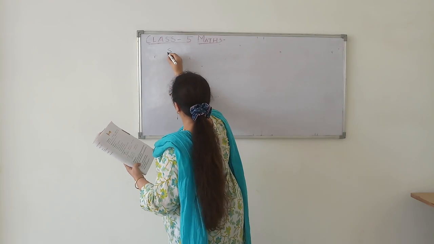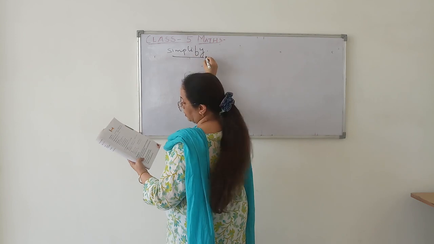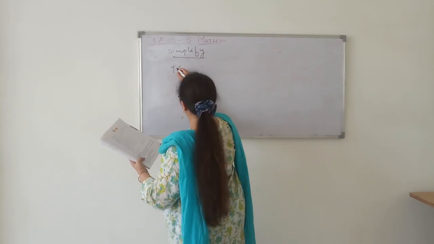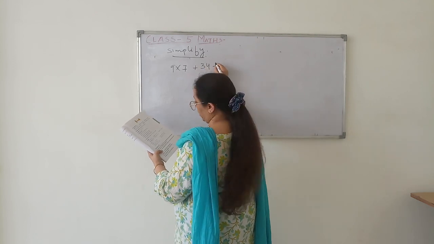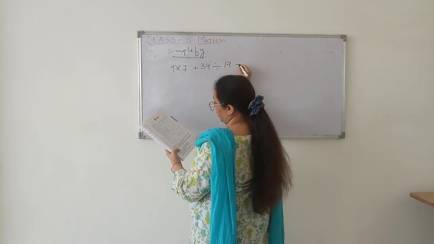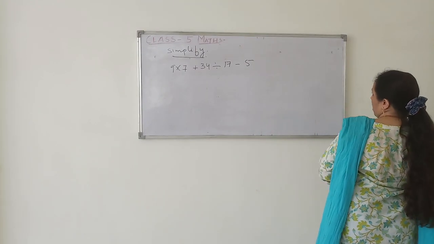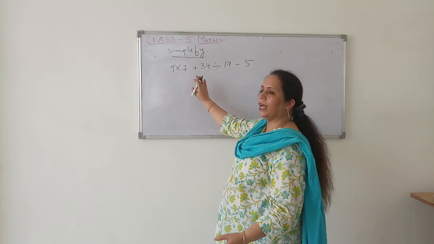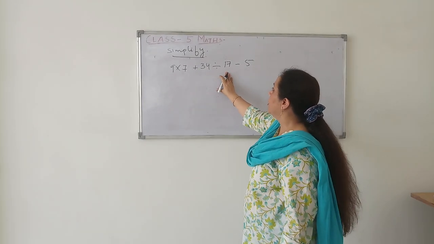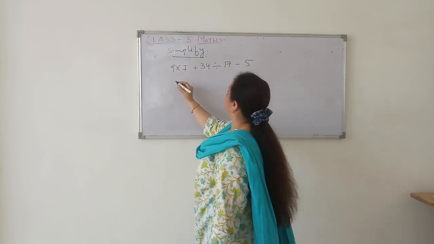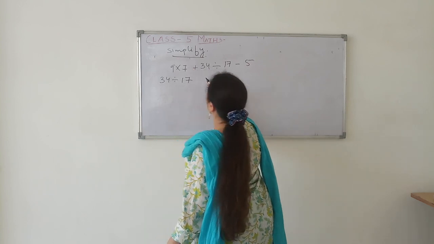After solving this, we will be doing one more sum, that is simplify. That is also the same way we have to do. This is 9 into 7 plus 34 divided by 17 minus 5. This is a very simple sum. Here also, with the help of the BODMAS formula, we will first do the division work, that is 34 divided by 17.